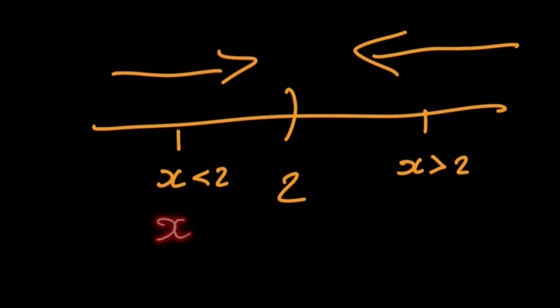Therefore, x has to be less than 2. So that should be the condition for the left hand side. And for the right hand side, which would be a positive, numbers approaching 2 from the right hand side of the number line, which means x must be greater than or equal to 2.